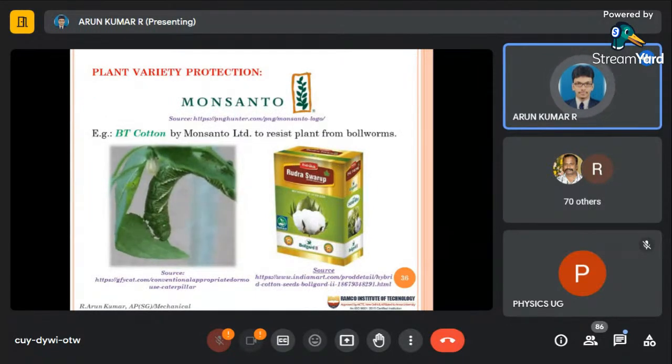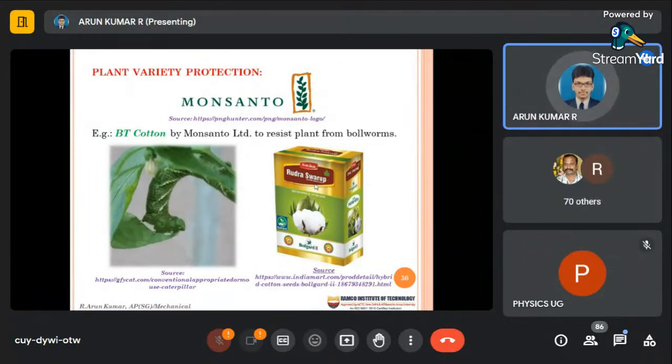And I would like to show you an example here. You can see this cotton plant. Usually, this cotton plant is affected by bollworm, and the cultivation or the yield gets affected.